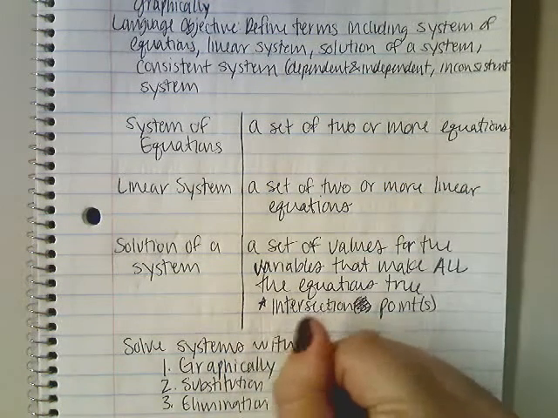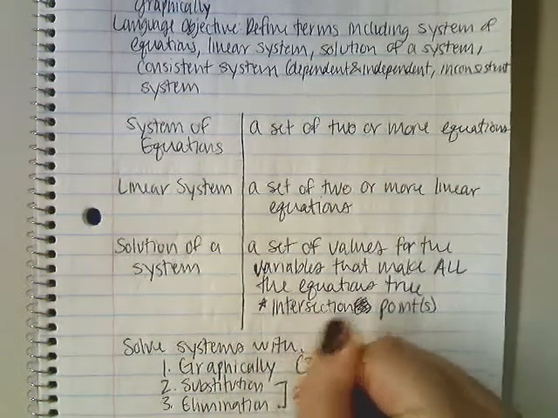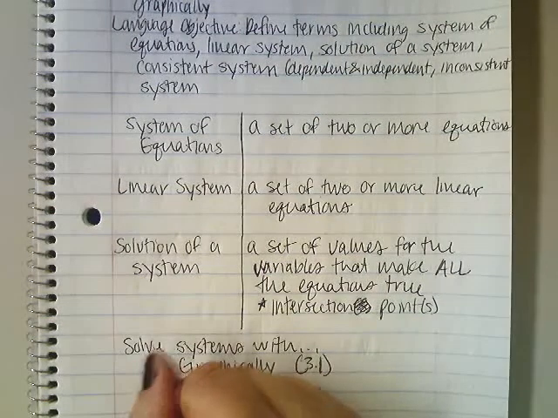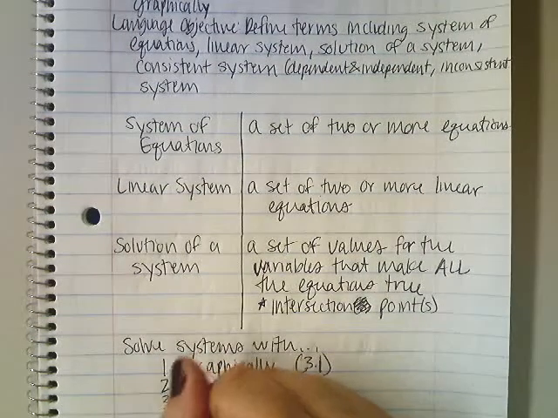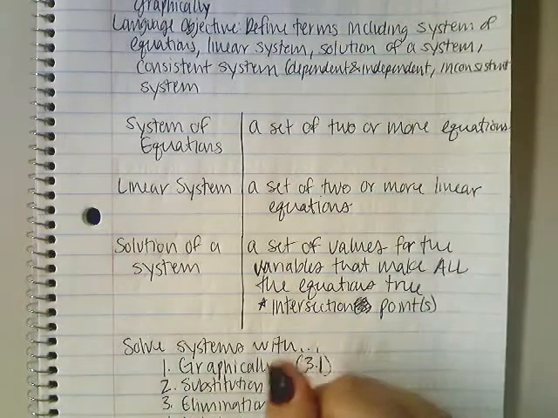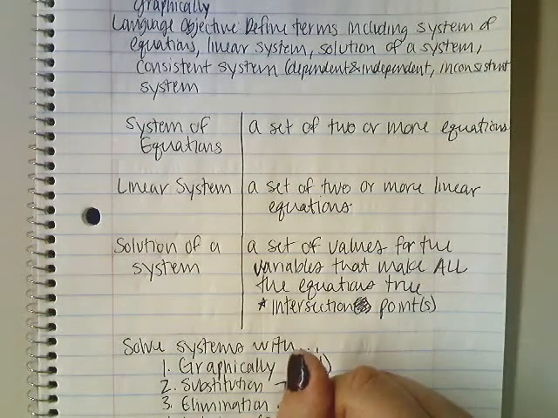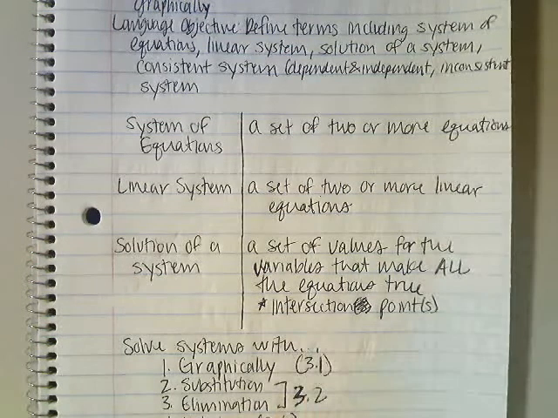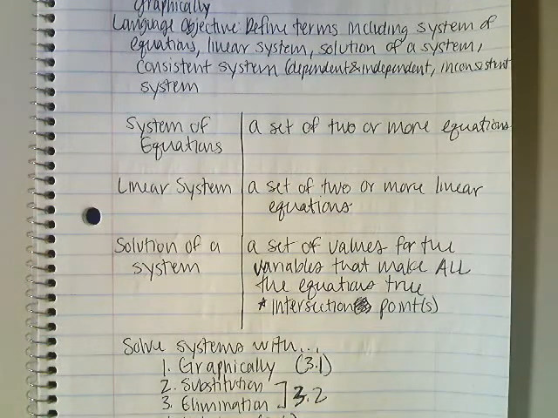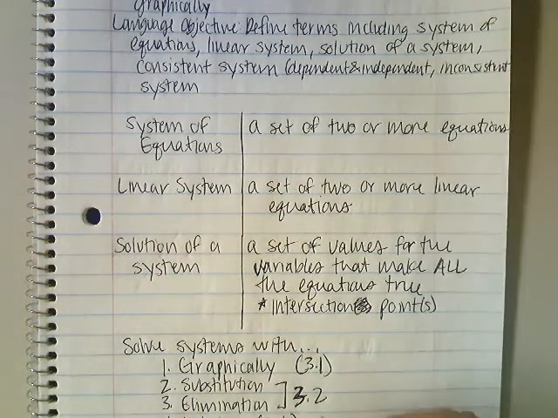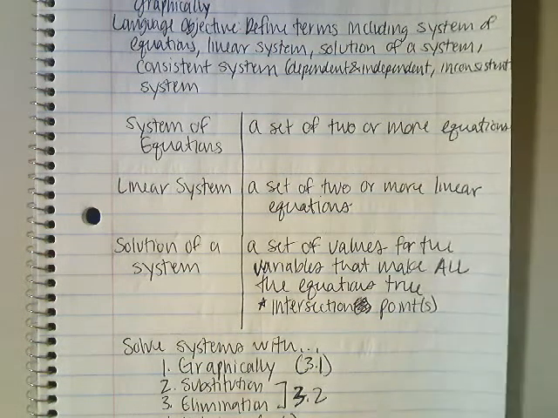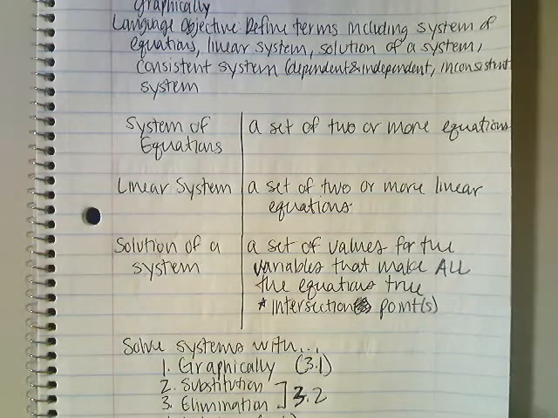So these are both in 3.2. And we can solve it with matrices, which we're not going to focus on, but if you are curious, that is in section 3.6, I believe. But I can show you how to do that if you would like to learn at some point.